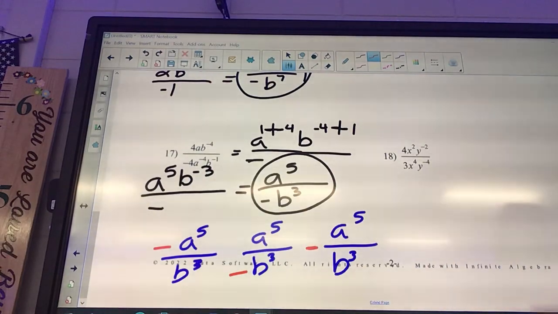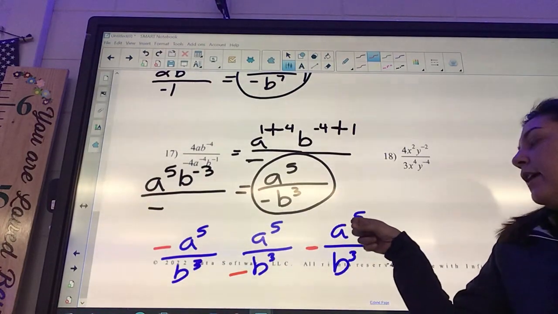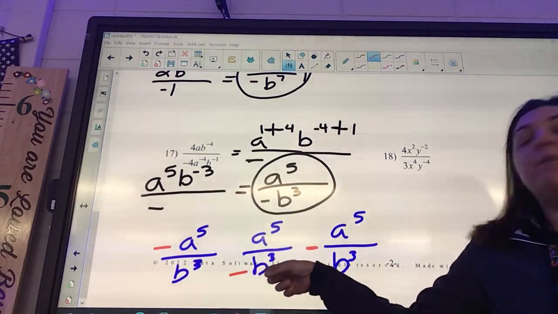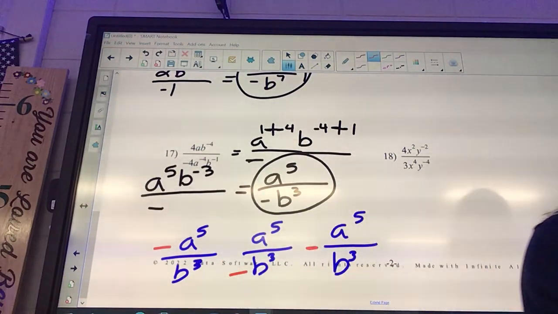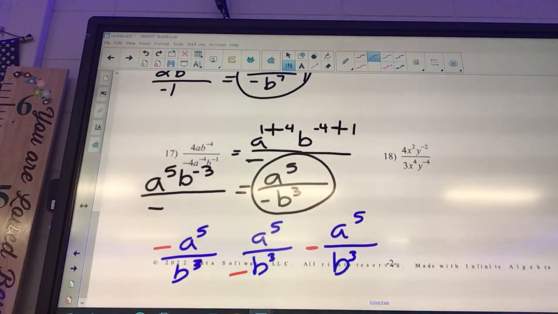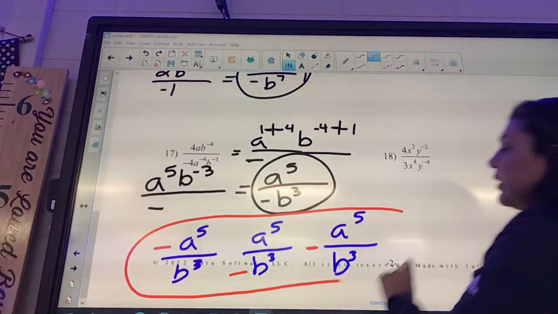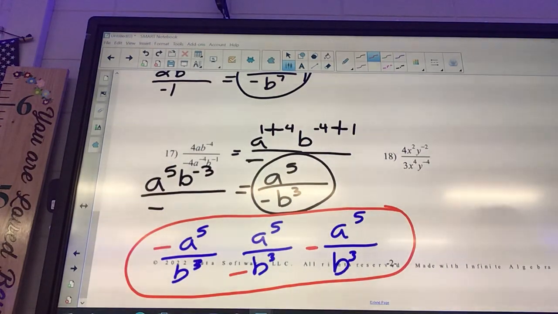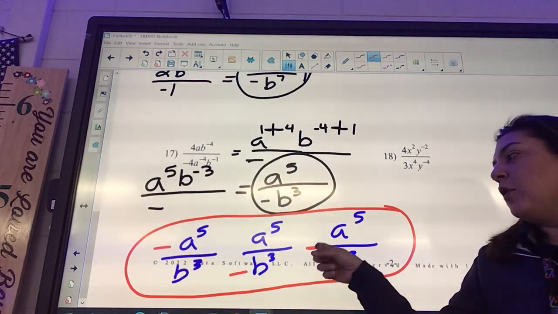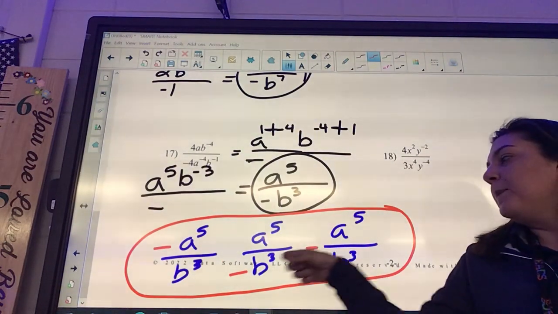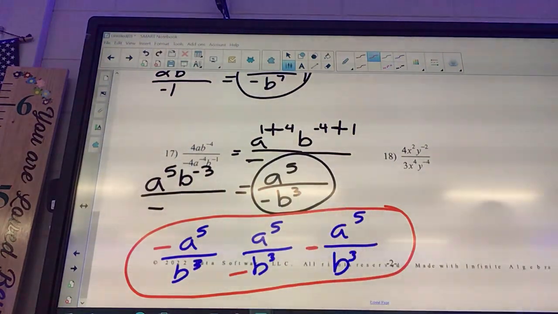No matter where the negative's at, we don't say negative or a to the negative b over 3, okay? We don't say it like that. So no matter where you put the negative, when there's only 1, any of them are correct, okay? So if you put the negative at down, this is mostly how you're going to see it, okay? It's going to be like right out in front, but any of these are fine, okay?